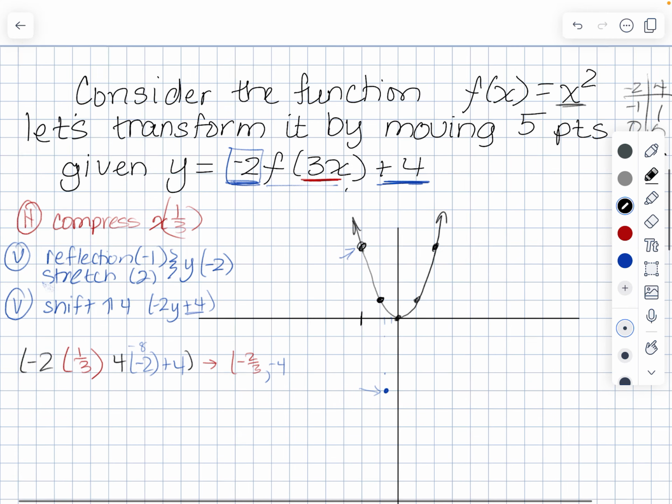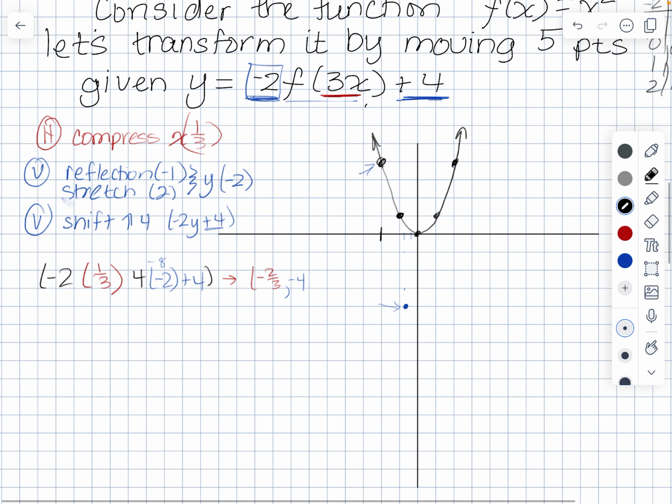Let's do the same thing with the others. Let's take the point -1, 1. We're taking -1, 1 times 1/3, and then times -2 plus 4 on the y value, and we get the point.